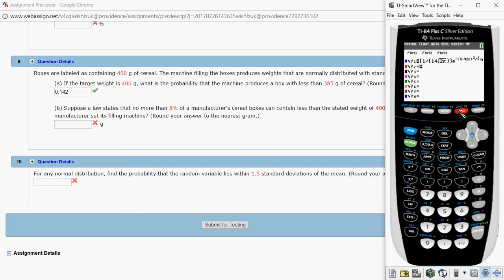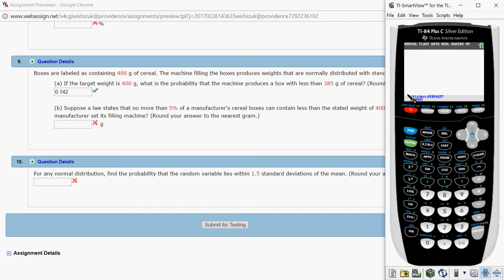Second calculate, 7, lower limit 0, upper limit 400. We get 0.058, which is a little bit bigger, so let's try 423. That's probably it.